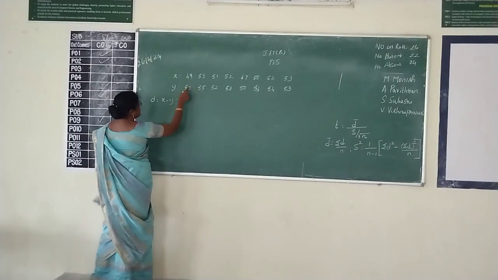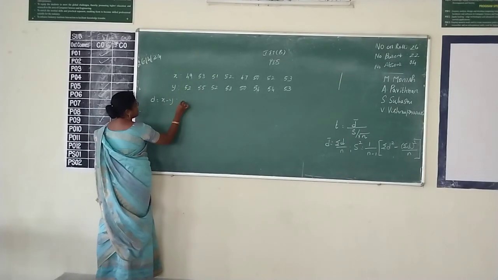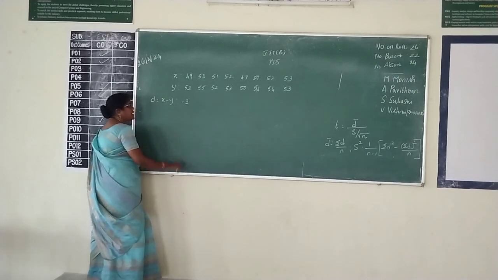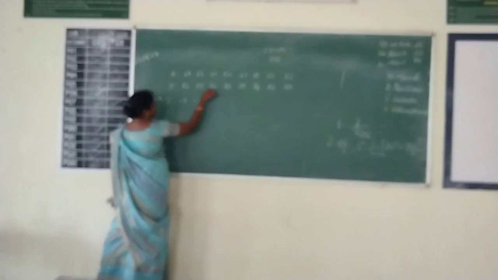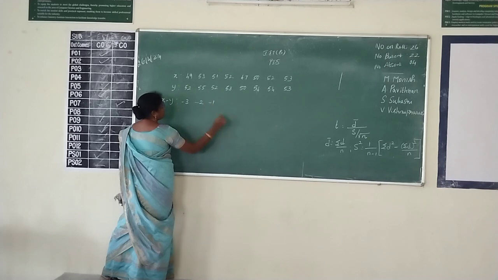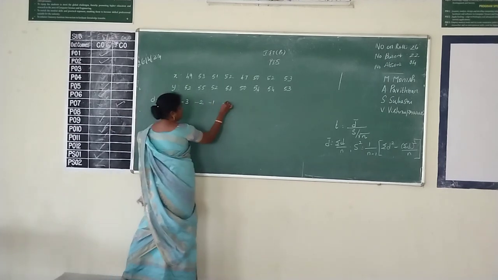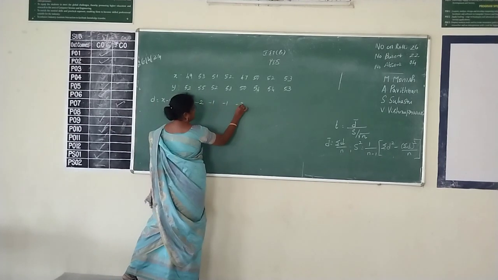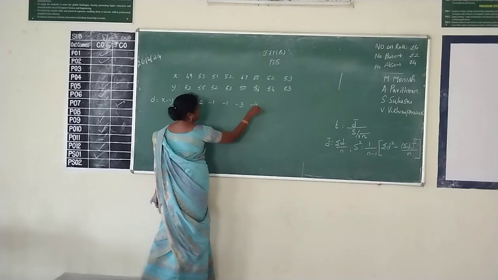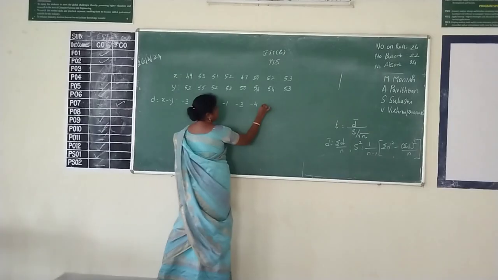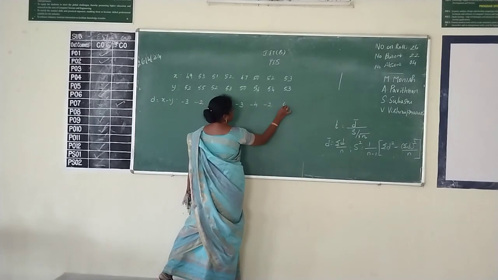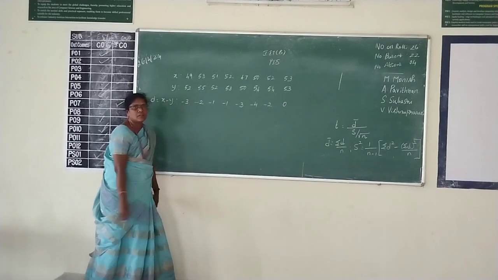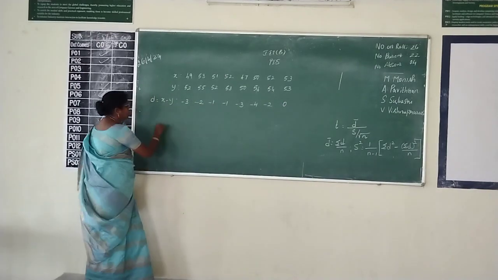Difference: 49 minus 52, 53 minus 55, 51 minus 52, 52 minus 53, 47 minus 50, 50 minus 54, 52 minus 54, 53 minus 58. Okay, find D square.